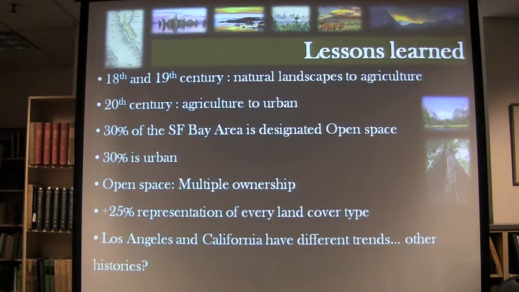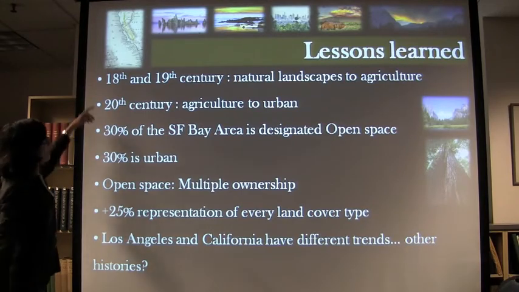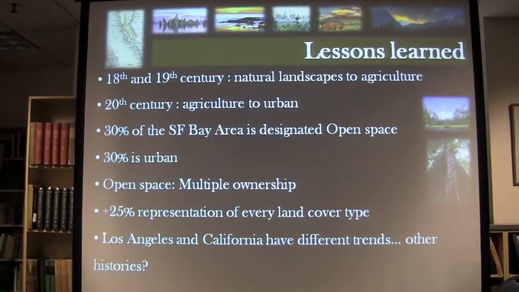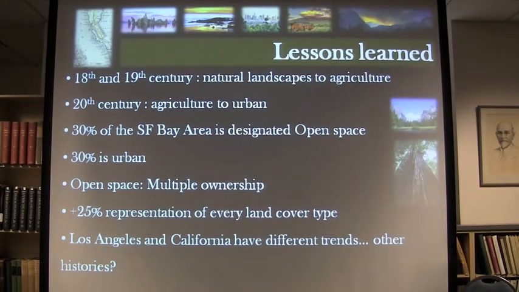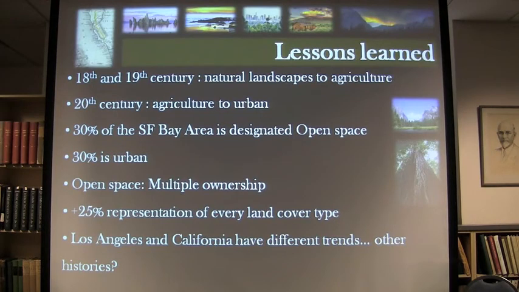Some lessons learned. As you can imagine, the use of this type of data sets is very overwhelming in trying to explain them and convey it in a relatively short time period. But you can see that there is some trends, especially for the Bay Area. You have a conversion from the 18th to the 19th centuries of natural landscapes to agricultures, and during the 20th century from agriculture to urban.